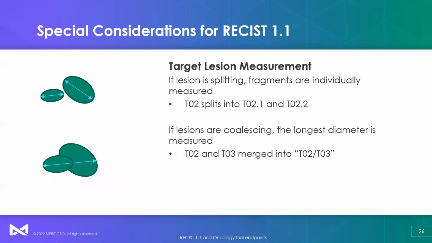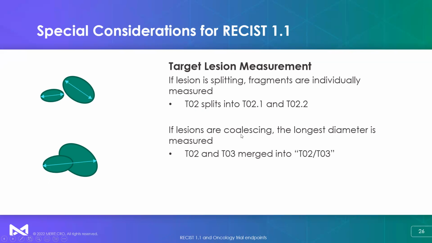For special considerations for RECIST 1.1, there could be a case where the target lesions are merging or splitting. If the lesions are splitting, they should be recorded as 0.1 and 0.2, and basically counted for how many fragments there are. For instance, if TL02 splits into two pieces, the lesion IDs would be labeled 2.1 and 2.2, and each of the individual pieces would be measured for their longest diameter, and the sum of diameters would be calculated based upon that.